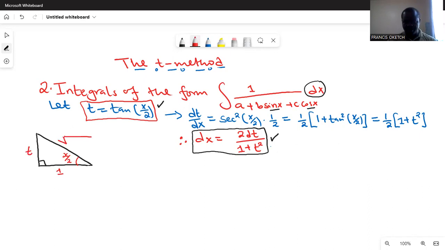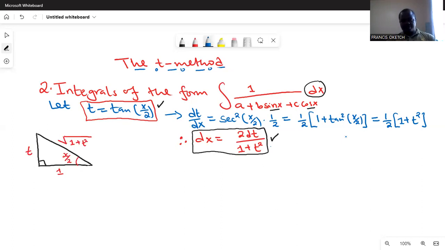Remember, hypotenuse squared is the same as the base squared plus the height squared. Now we want the hypotenuse, so you take the square root on both sides. That will give us the square root of 1 plus t squared. Now, from our triangle, it is easy to get sine x over 2.